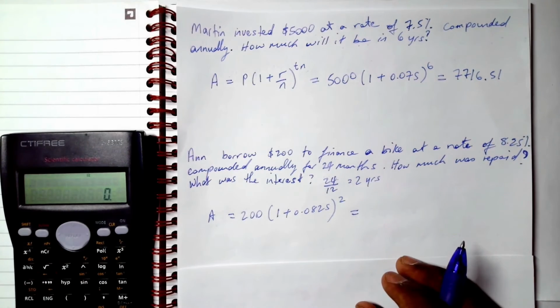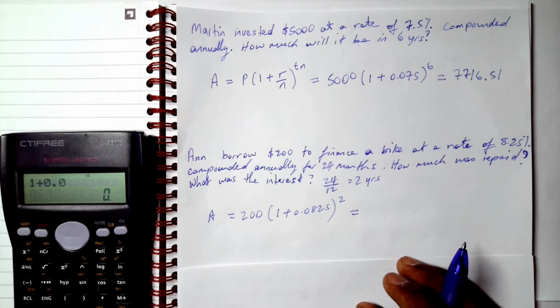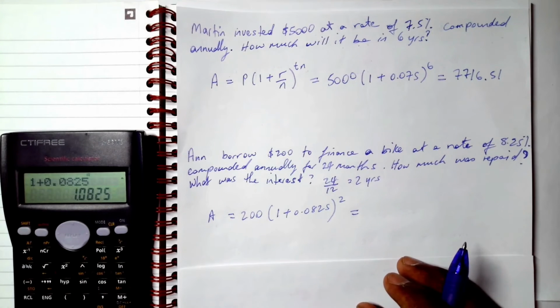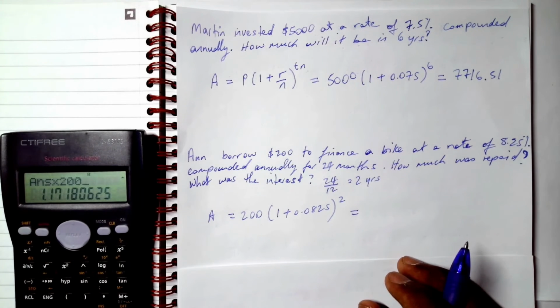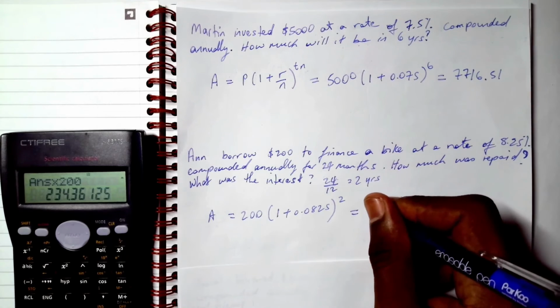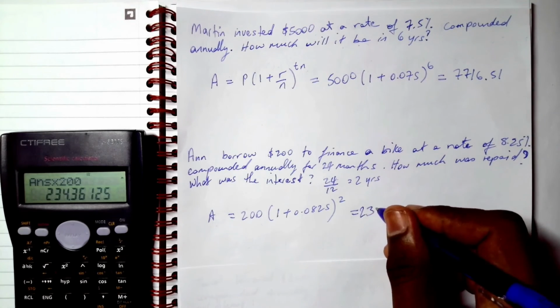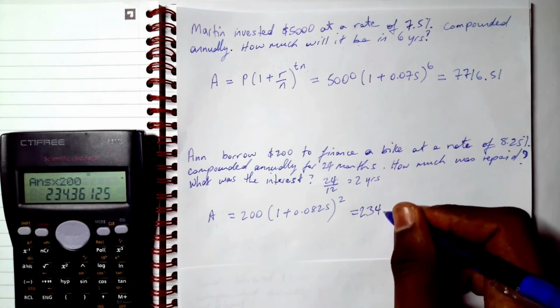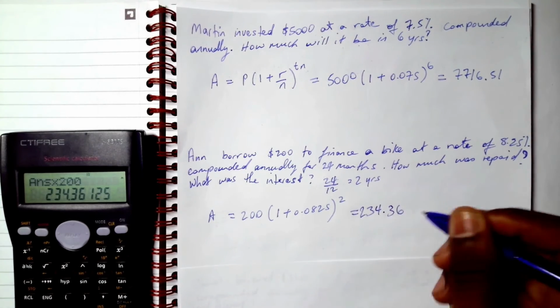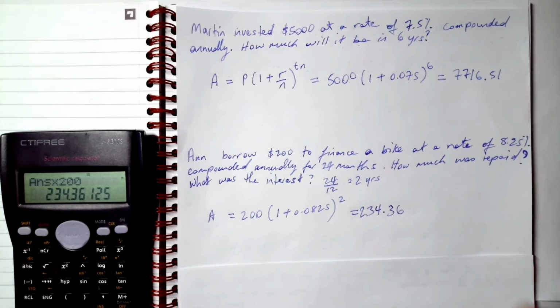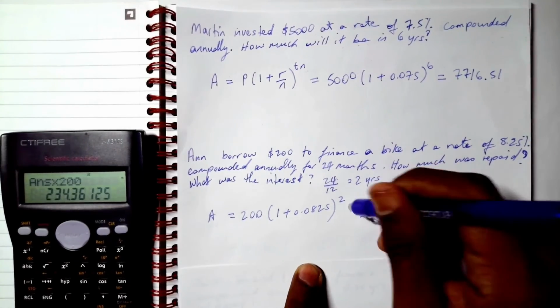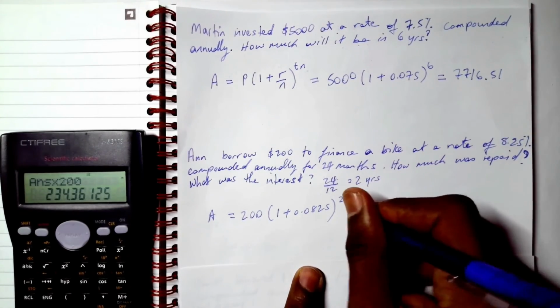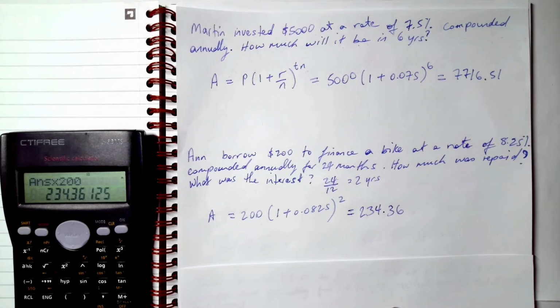It's 1 plus 0.0825, raised to the power of 2, times 200, which is 234.36. All right, so that's the answer.